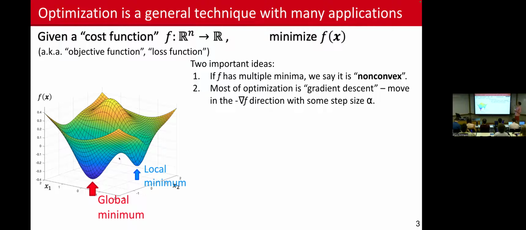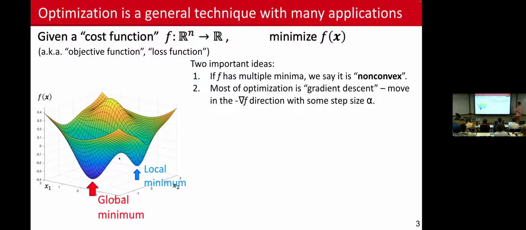The first is if f has multiple minima, we say it's non-convex. So here we have some landscape. F of x is a function of x1 and x2. It's got some complicated dependence on those variables, and you can see it might have some local minima, and it might have a global minimum where it reaches its lowest value. So this f of x we would say is non-convex.